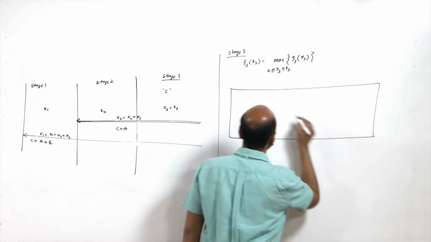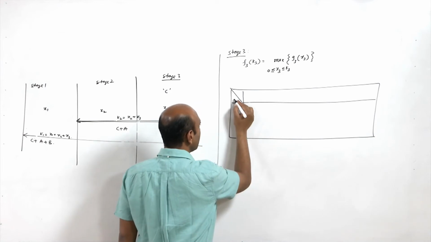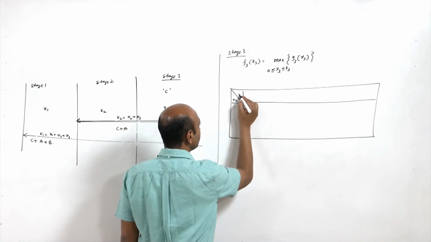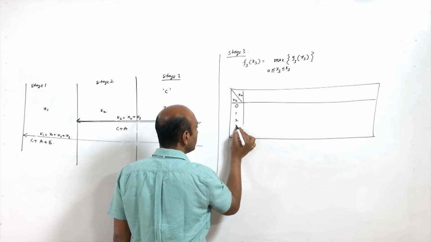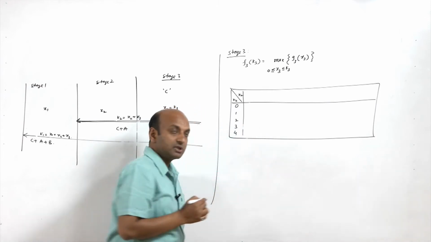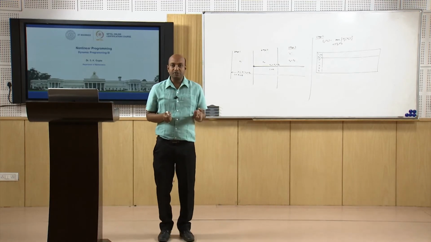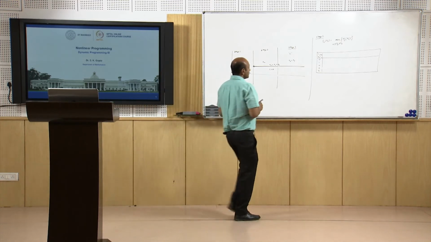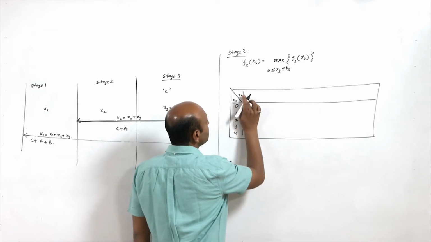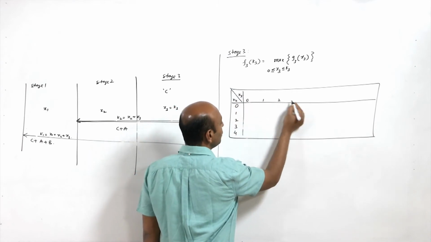We will first make the table with K3 and X3. You see, the units available are 4 units, so it may be 0, 1, 2, 3 or 4. Similarly X3 may be 0, 1, 2, 3 or 4.